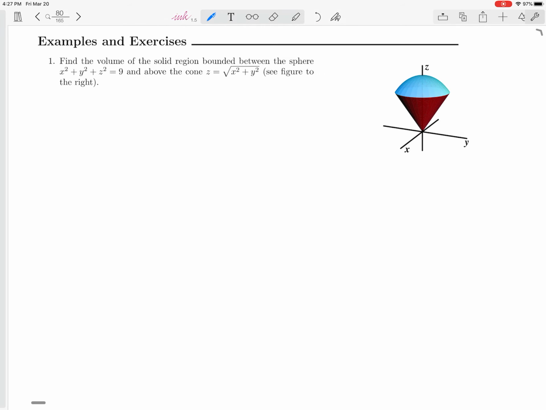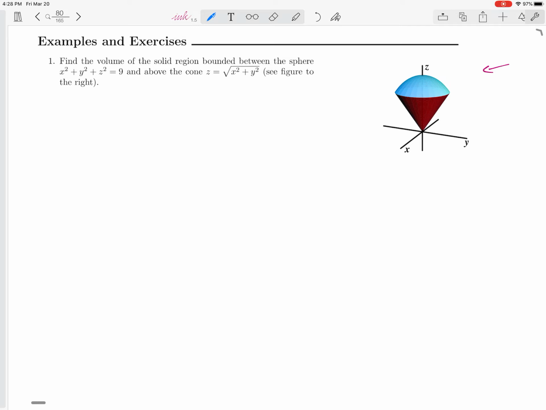In example 1, we are asked to find the volume of the solid region bounded between the sphere x squared plus y squared plus z squared equals 9, and above the cone z equals the square root of x squared plus y squared. And that you can see in that figure over here. So that looks a little bit like an ice cream cone.